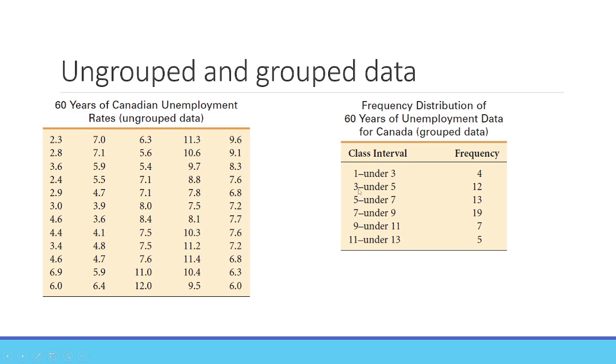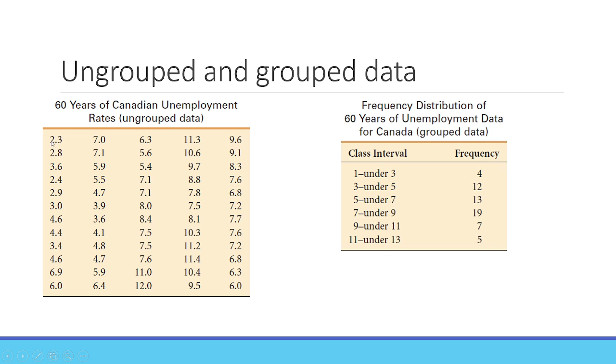The next class we are creating is 3 to under 5. So there is a difference of 2, 3 minus 1. Like this we have created 1, 2, 3, 4, 5, 6 classes, class intervals.